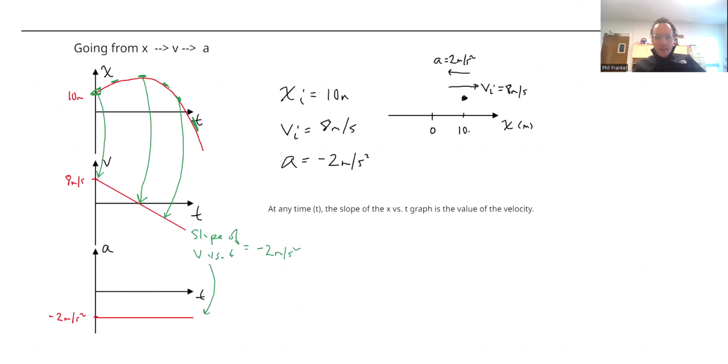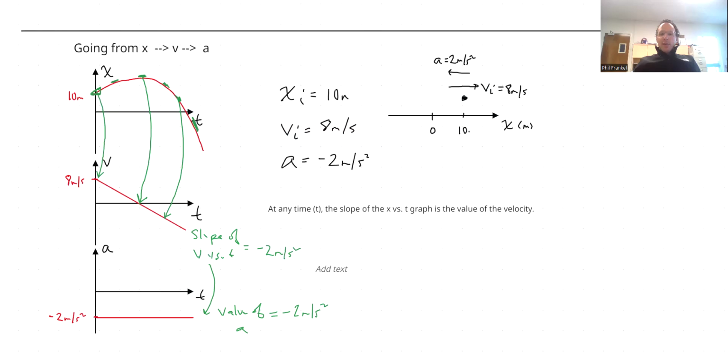The value of the acceleration is a constant -2 meters per second squared. So I can write down an additional statement, which is at any time t, the slope of the velocity versus time graph is the value of the acceleration.